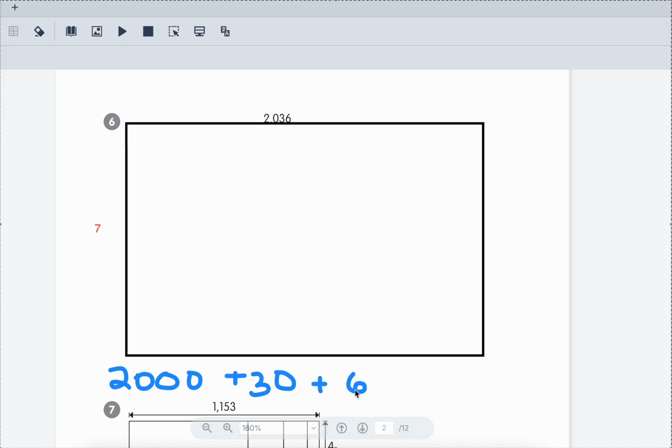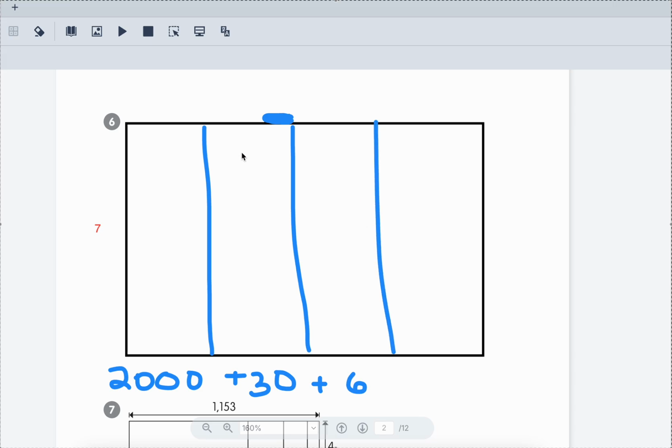Okay, so I'm going to cross this out because you're supposed to do yours on the side, or I would really get graph paper. Now we're going to make this into thousands, hundreds, tens, and ones. So you're going to have 2,000.